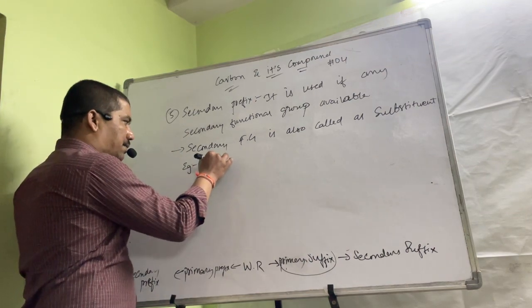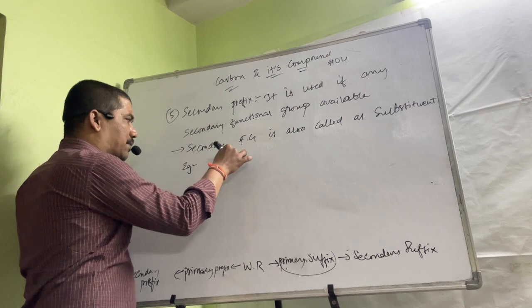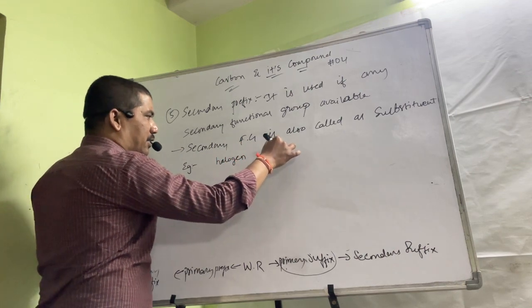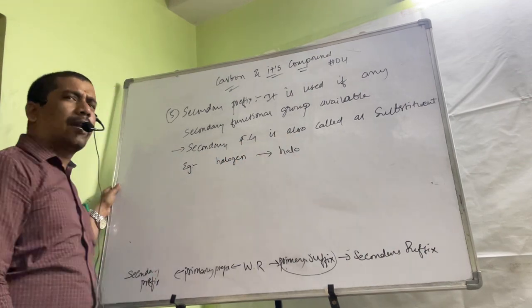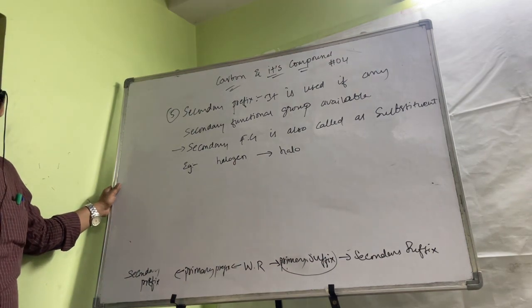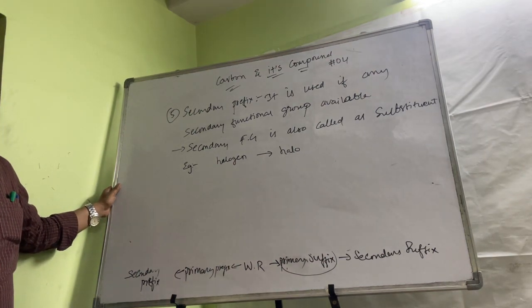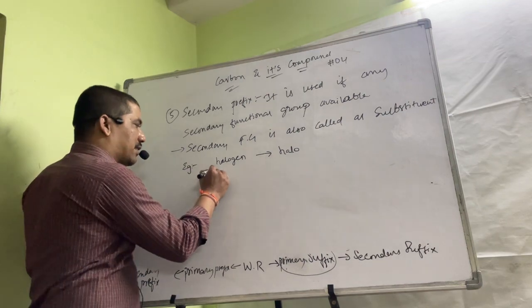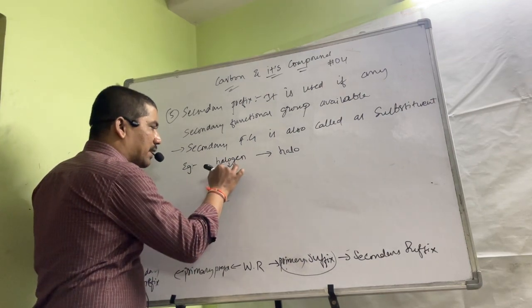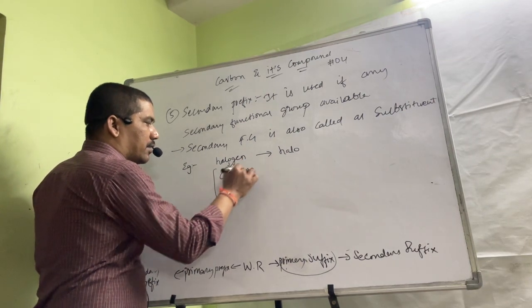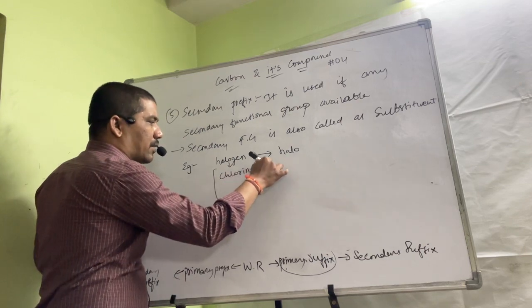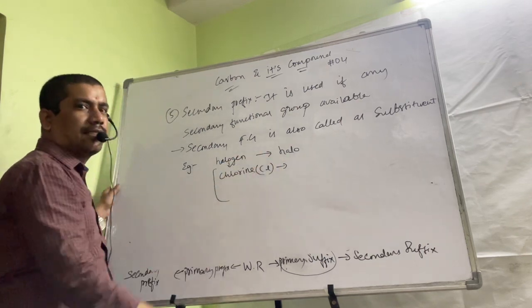See, if any halogen comes, halogen family, then we should write halo. Halogen family means like chlorine, bromine, iodine, right? For example, chlorine is given in the compound, that means Cl. They won't write chlorine, they will write only Cl.